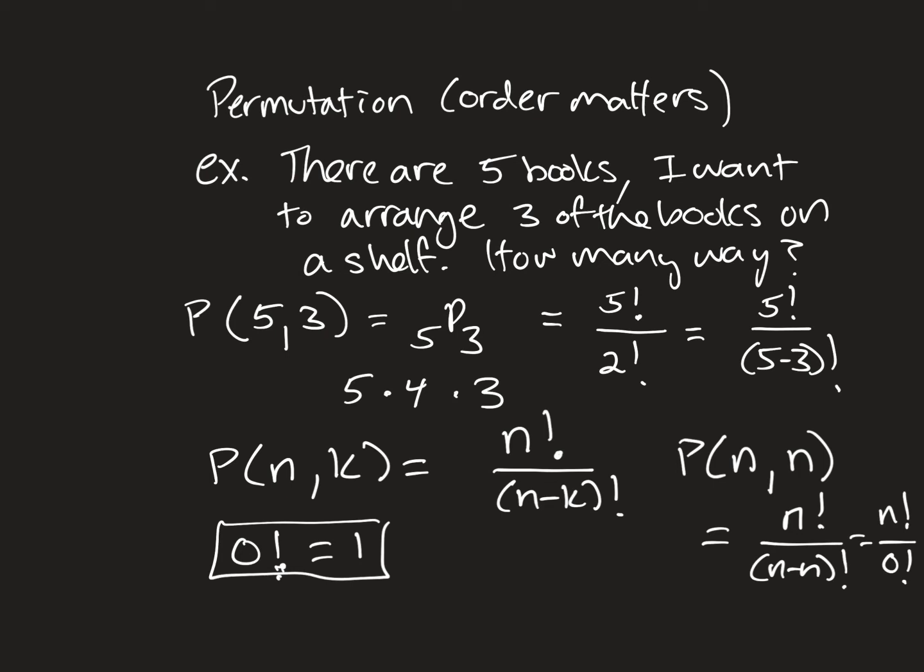Let's move on to where order does not matter. When order doesn't matter, it means a different arrangement of the same thing is not a different outcome. So the number of combinations of something is always less than the number of permutations. Let's talk about combinations.